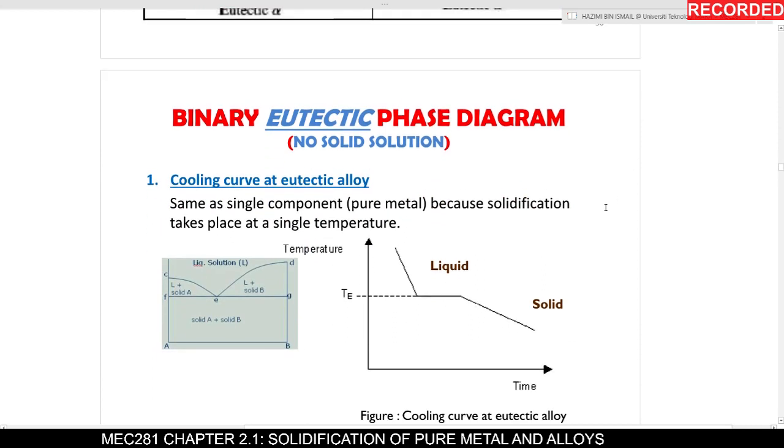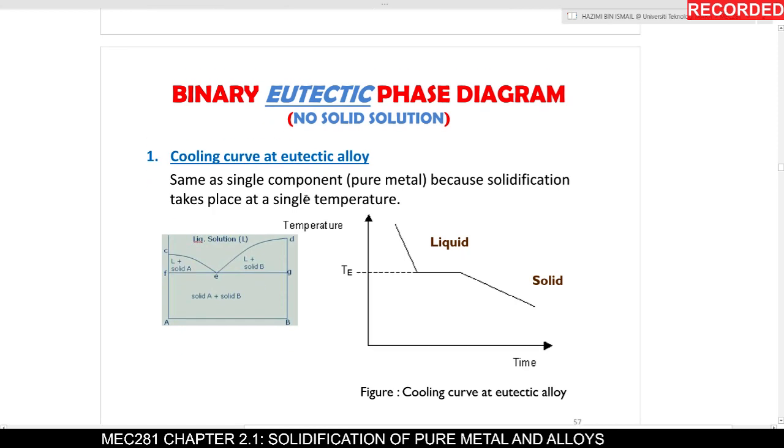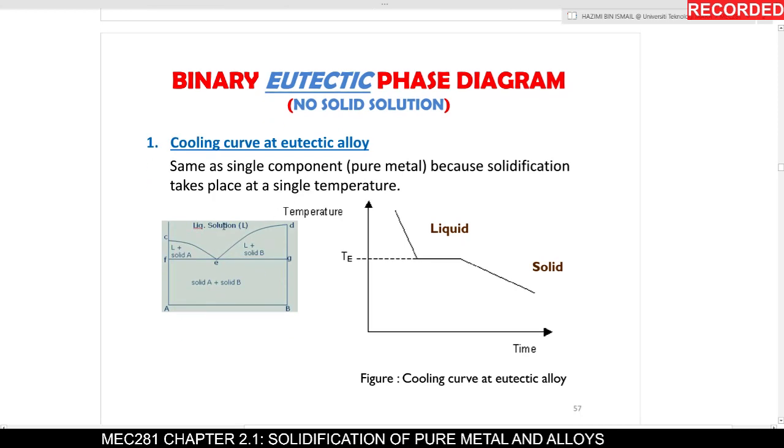So let's go to the cooling curve at the eutectic alloy. If we follow the temperature curve along the line at the eutectic composition, you will get a cooling curve similar to the isomorphous phase diagram we learned in the previous video, the same as a single-component pure metal.